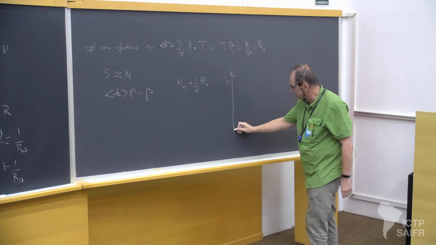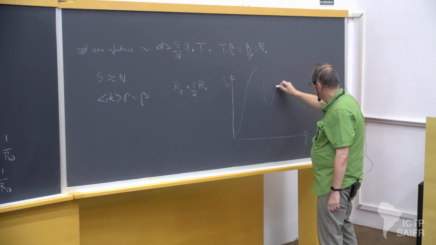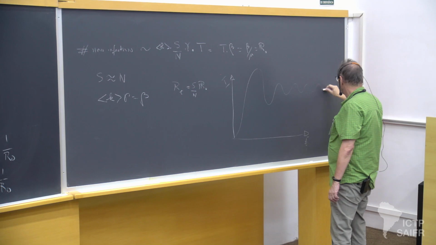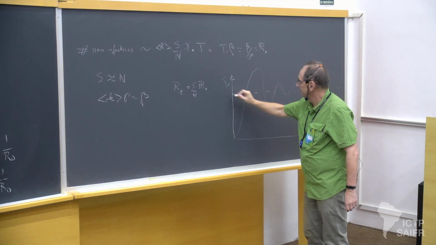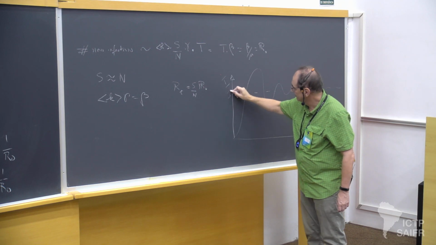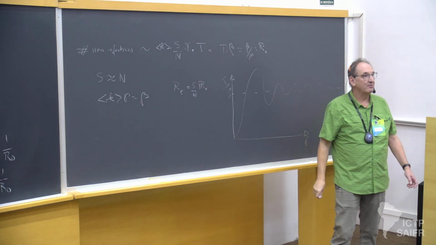You start with a small number, you oscillate, and go to some fixed value here. Okay? So what is this?